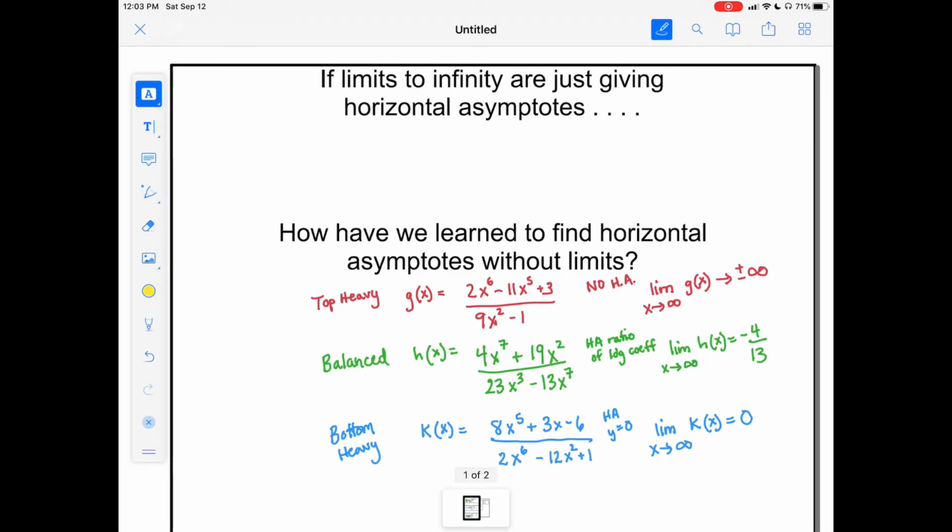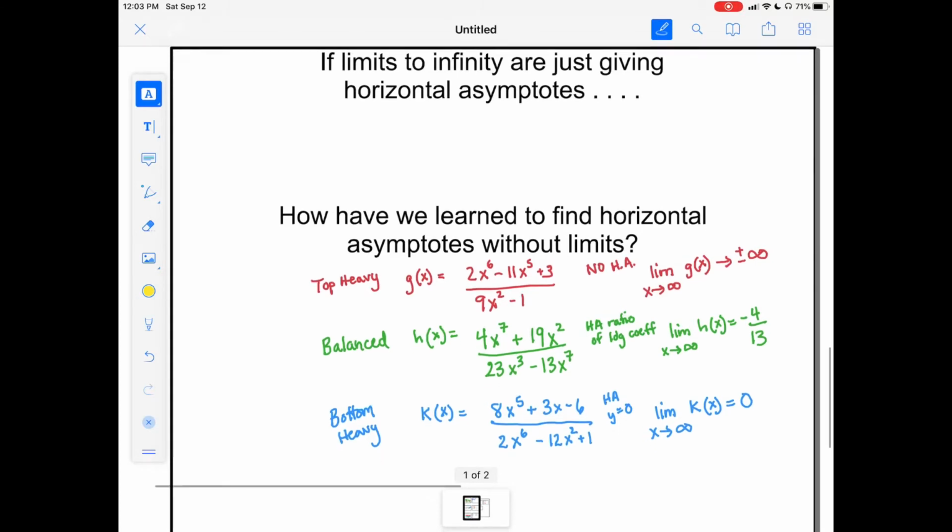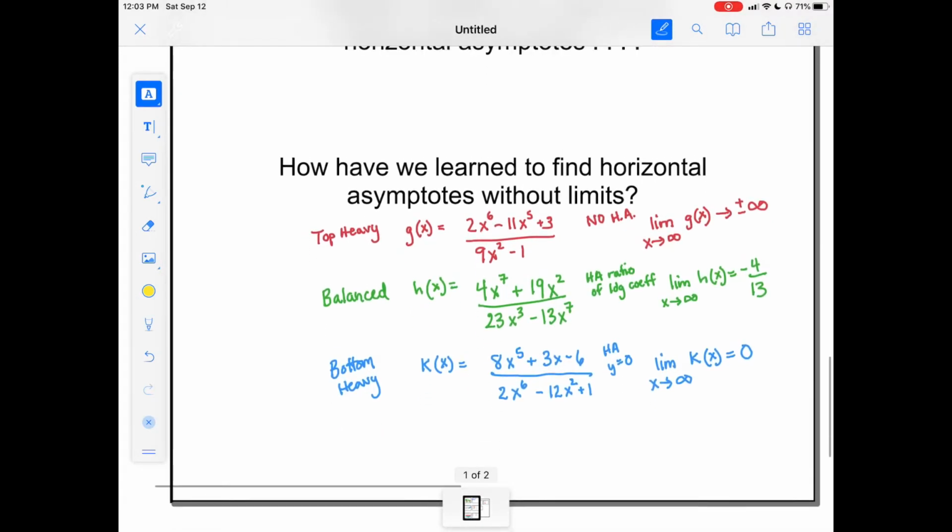How did we learn back in the day how to find the horizontal asymptotes, particularly for rational functions? So what I have here are three different scenarios, and I say rational functions, but we could be working with functions where we're just going to look at degrees, and they might have radicals in them. It doesn't matter. We're just going to be looking at the highest power for these.